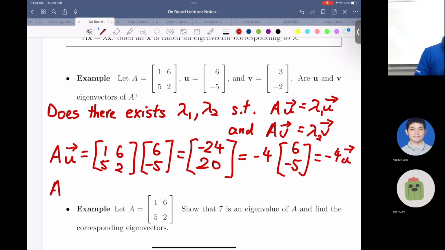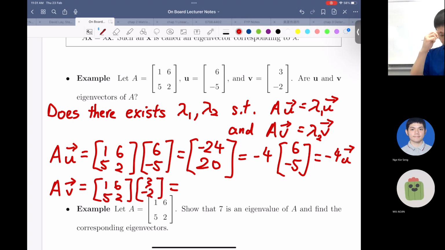So how about AV? AV is 1, 5, 6, 2 times V, which is 3, minus 2. What do you get from the matrix multiplication? 3 minus 12 gives negative 9, and then 15 minus 4 gives 11.